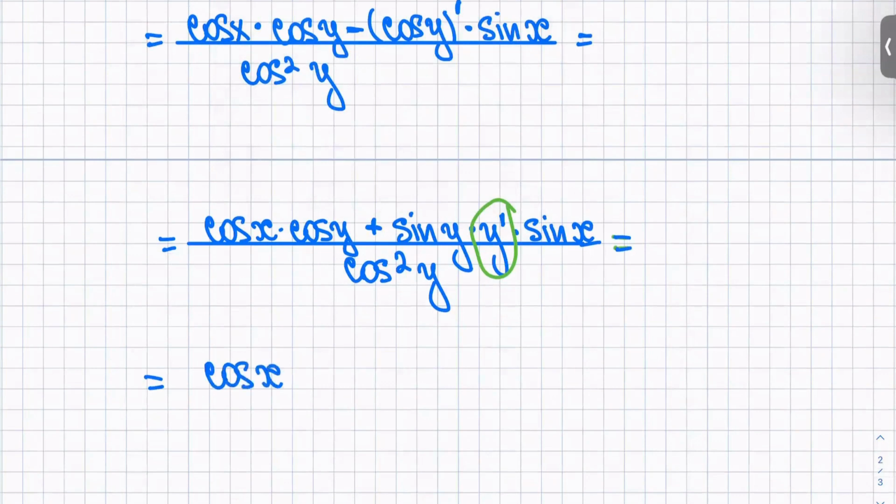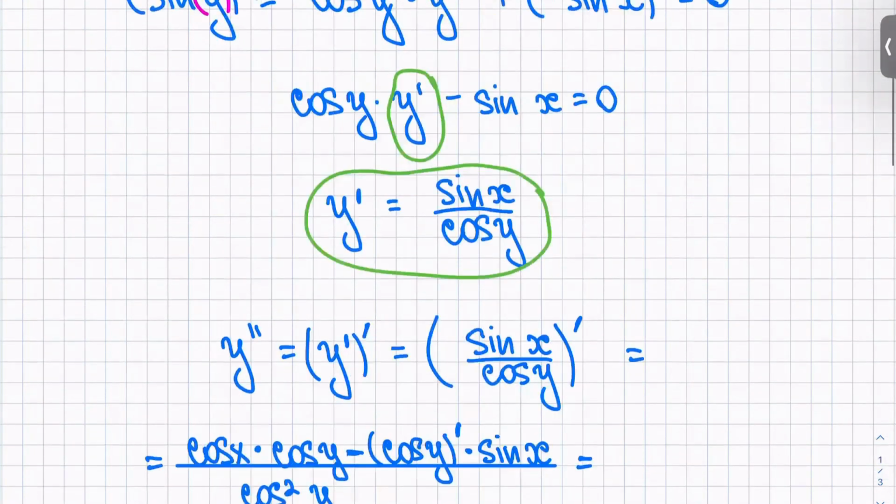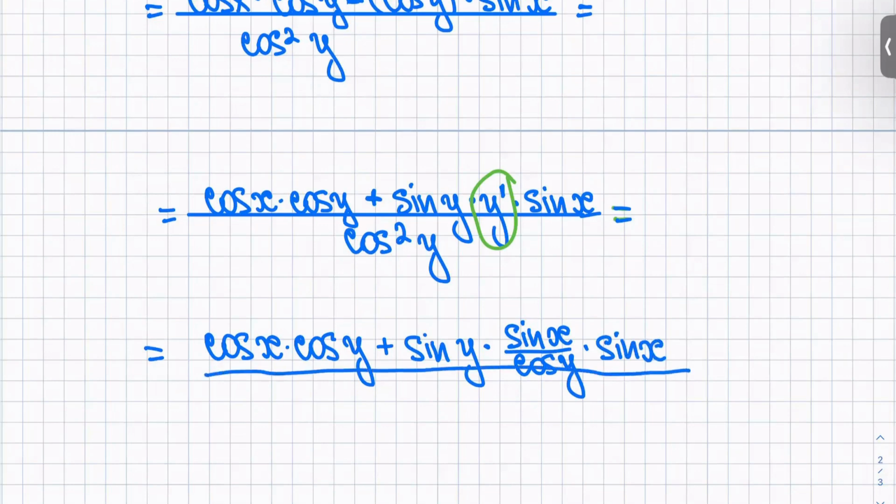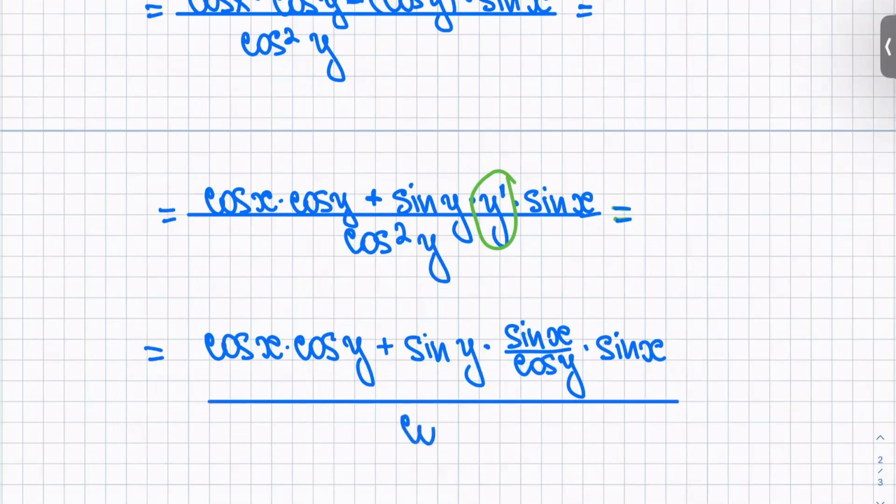So we will get here cosine x times cosine y plus sine y multiplied by sine x over cosine y, and then we multiply it by sine x, and then we just divide this whole thing by cosine squared y.